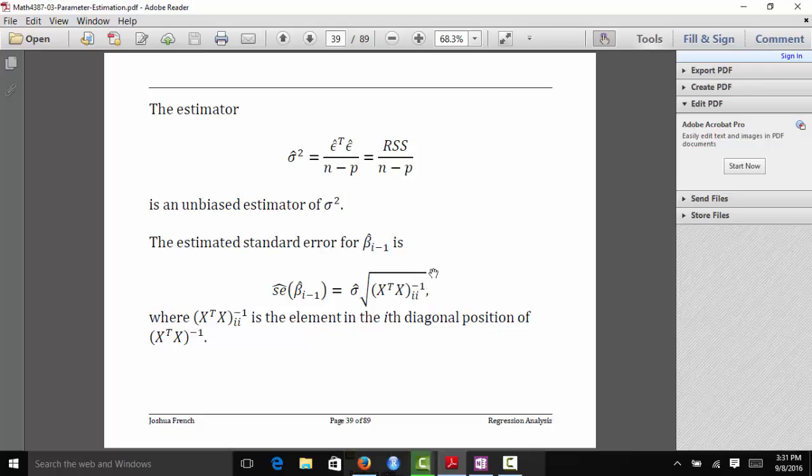So this is not a typo right here. You just have to offset the regression parameter you're interested in with the next element of the covariance matrix, because the regression parameters start counting from 0, whereas these elements we start counting from 1. So that's just a little math thing that you have to be aware of. But in practice, we'll compute this using R, so hopefully that won't confuse you or be a problem when it comes to doing actual computations.